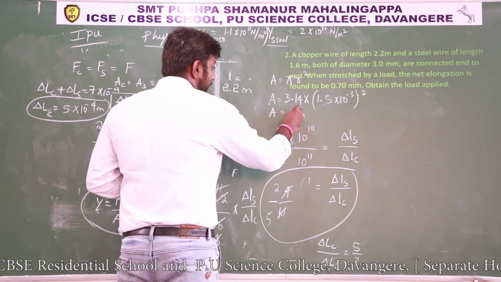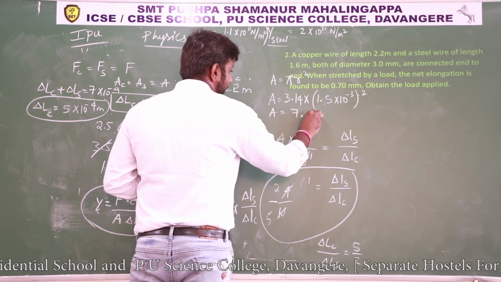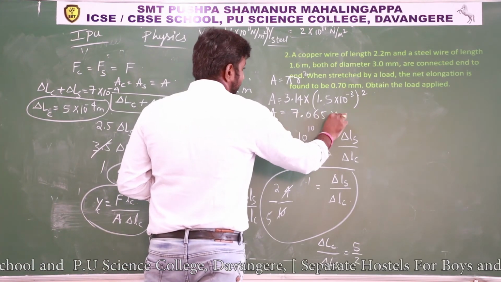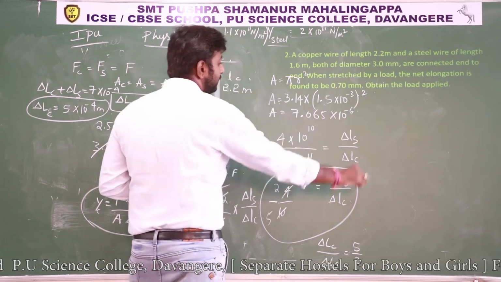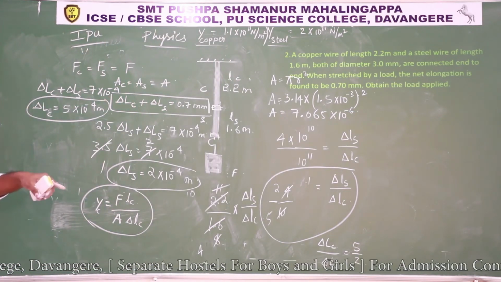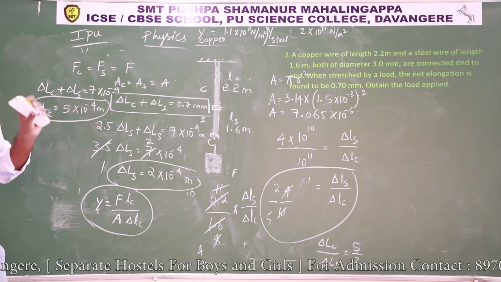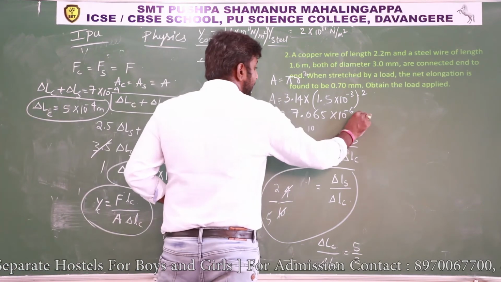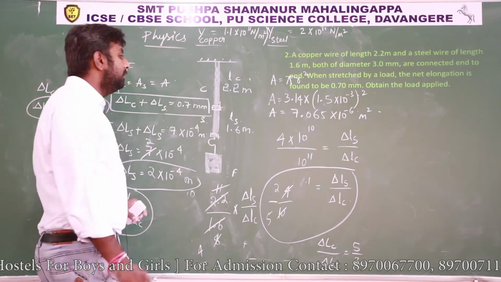You will get the area 7.065 into 10 to the power minus 6 meter square. This is the area.